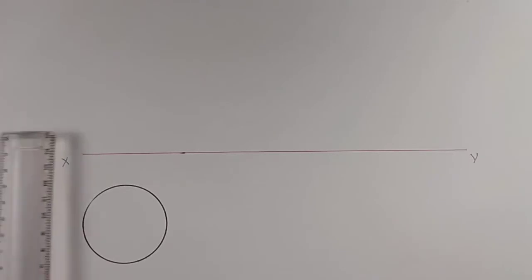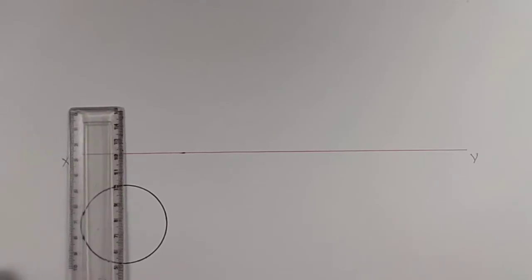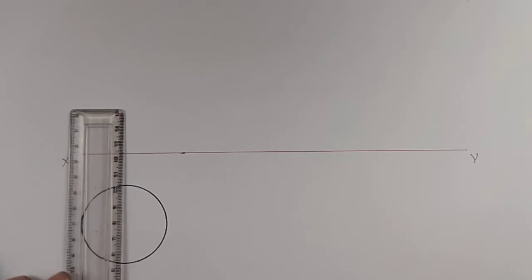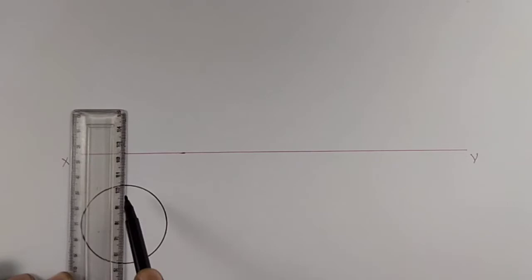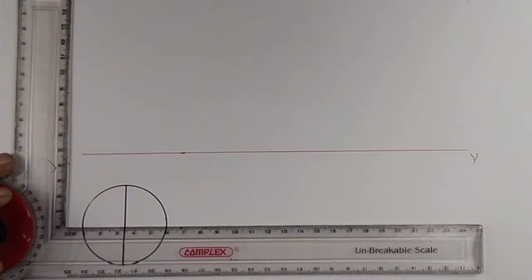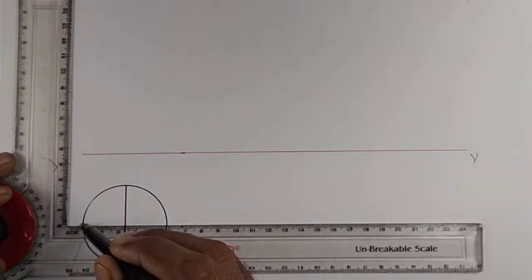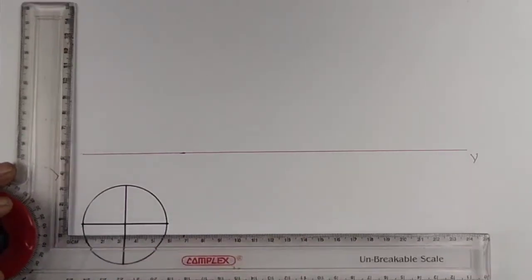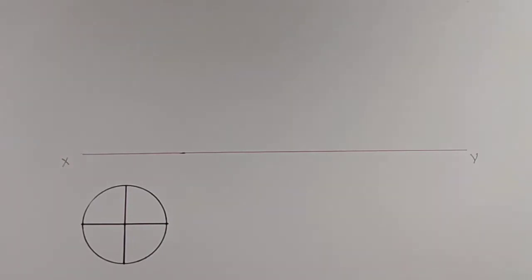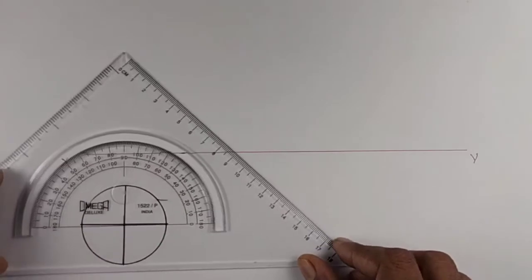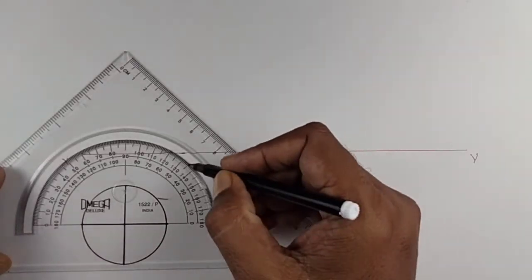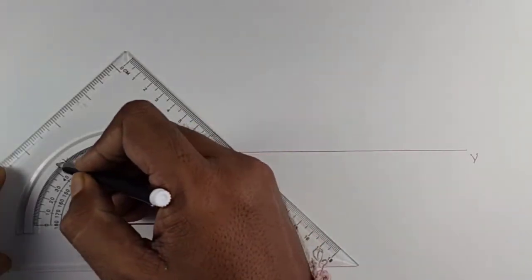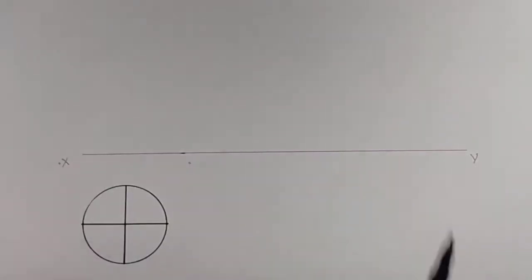Now we divide this circle into 8 parts. These are the generators, the plan of generators, at 45 degrees.